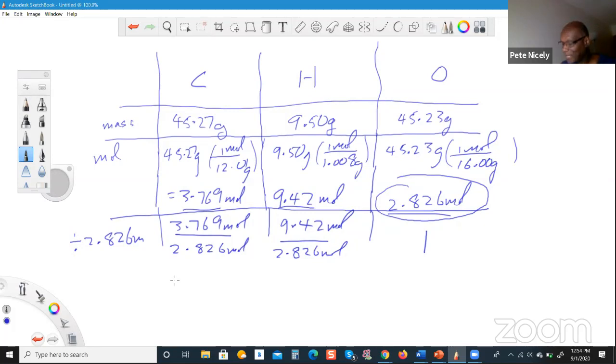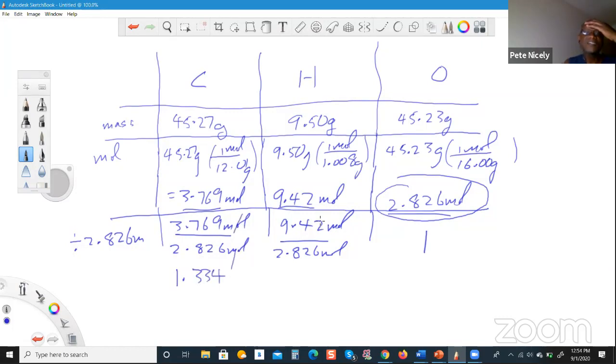For carbon, I'm going to divide 3.769 by 2.826. And according to my calculations, rounded off to 4 sig figs, I got 1.334 as the answer.